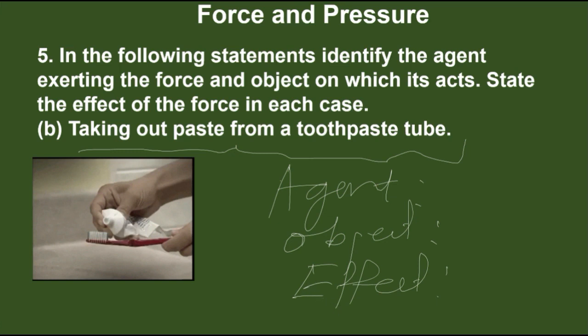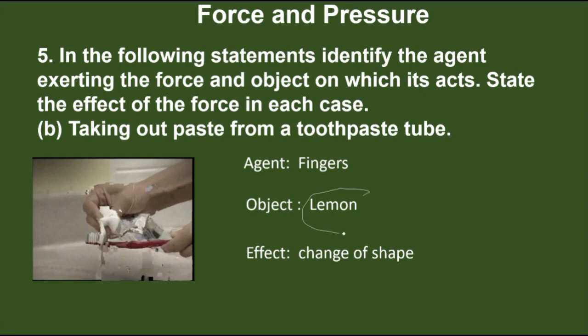Then what is the object? Is it lemon here? No. Lemon is the wrong answer, right? And what should be here in place of lemon? It's a toothpaste, isn't it? We are applying force on toothpaste, and again what has happened?